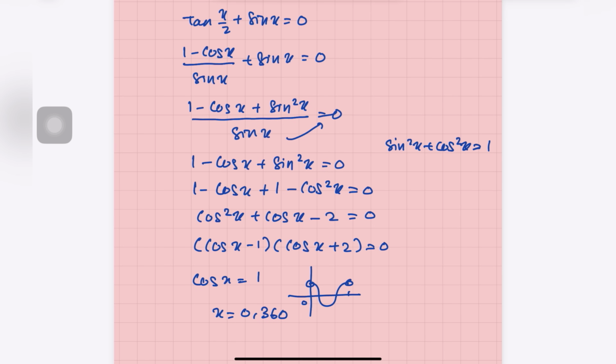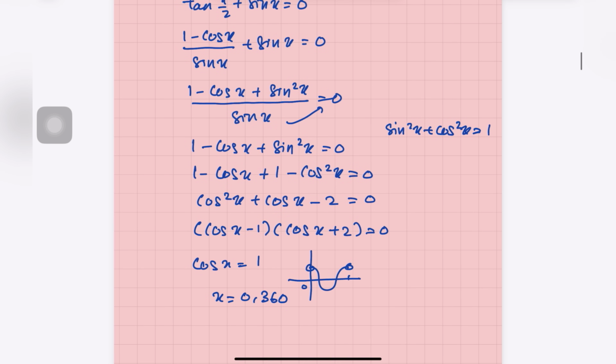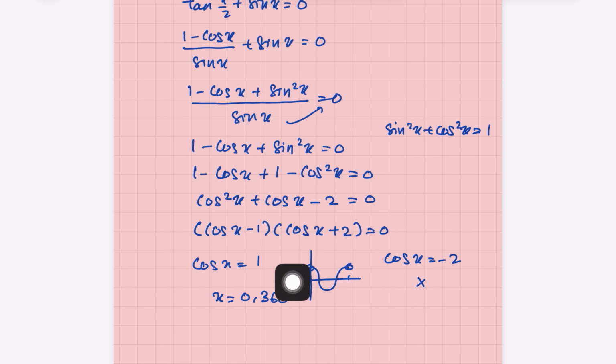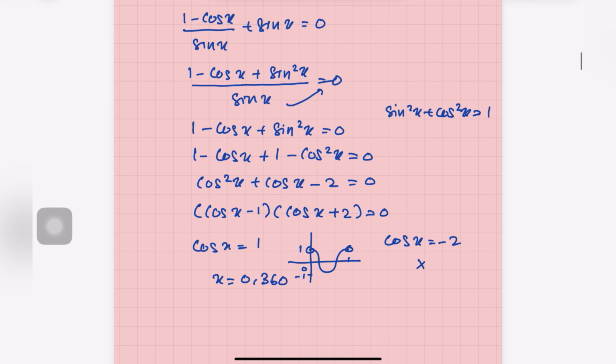Another one, for cos x equals negative 2, this one has no solution. Because if we look at the graph, the maximum is 1 and the minimum is negative 1. Negative 2 is out of range. So no solution. So our answer is just this one. x equals 0 and 360, or alternatively 0 and 2 pi.